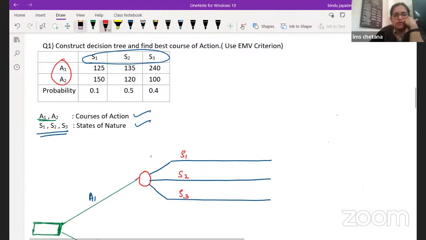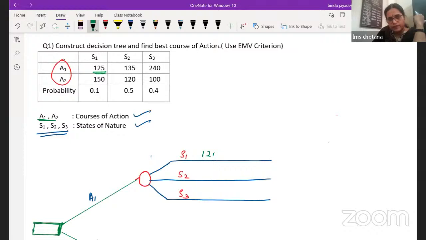Here you have the X1 value. What is the X1 value? 125, right? Therefore, write 125 here, and S2 value 135 and 240. Got it? These are the A1 values. Check the row: in front of A1 there are 3 values, S1, S2, S3. Just write like this.